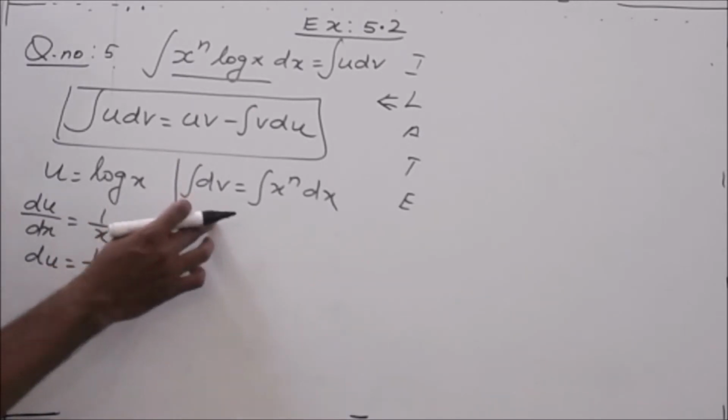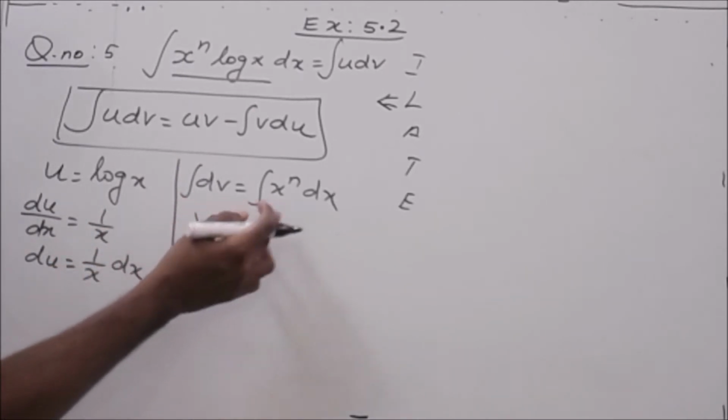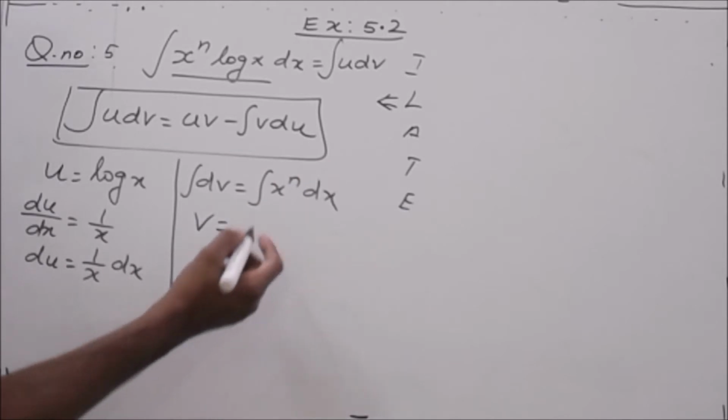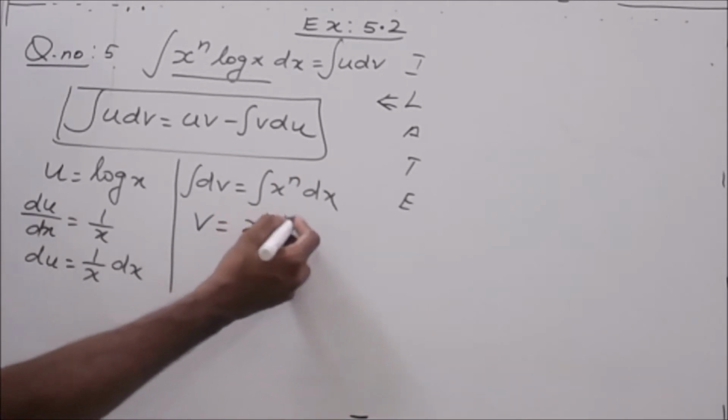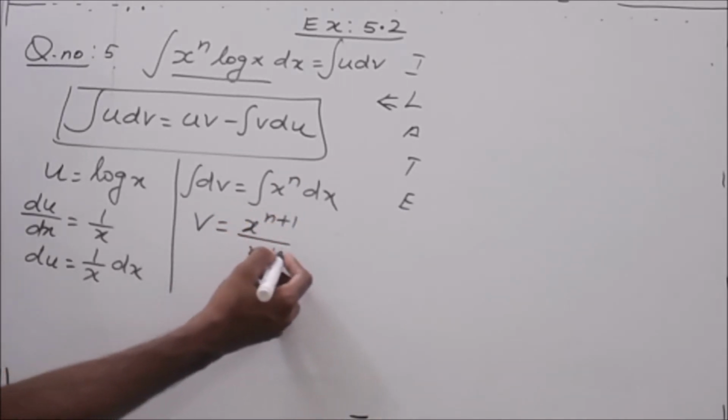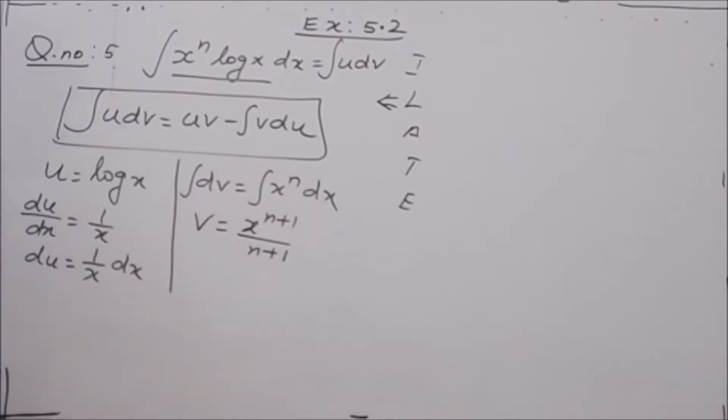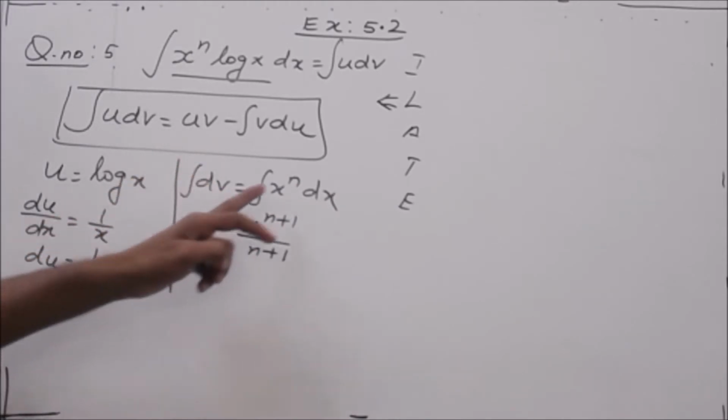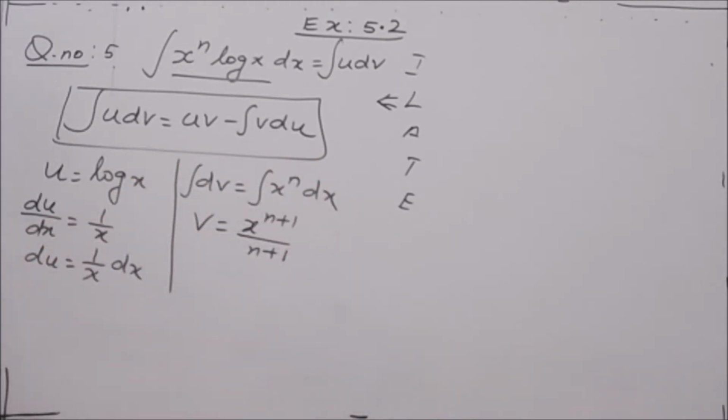For that integrate dv. v equal to integral x^n, which is x^(n+1) divided by n+1, plus c. So v is x^(n+1) by n+1. Integral dv means v. Here derivative du by dx is equal to 1 by x, then du equal to 1 by x dx.